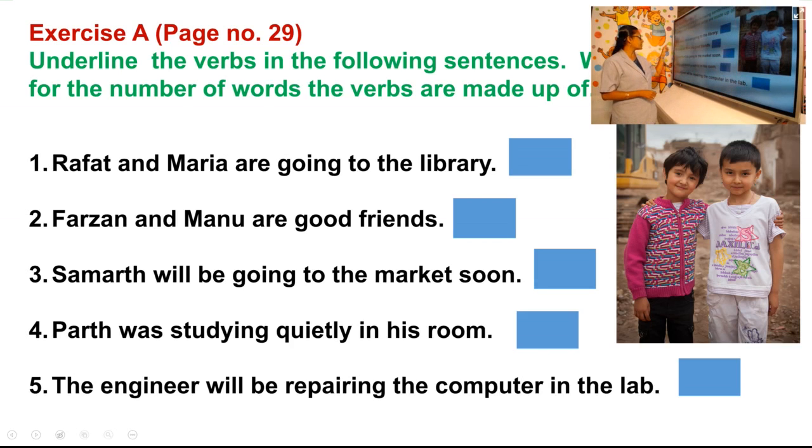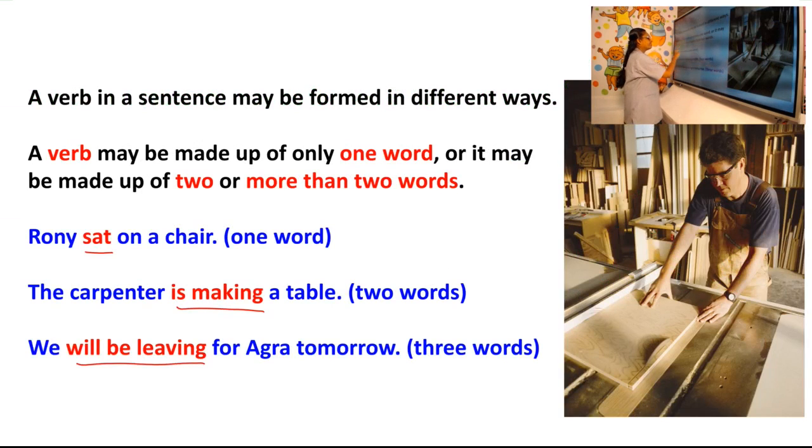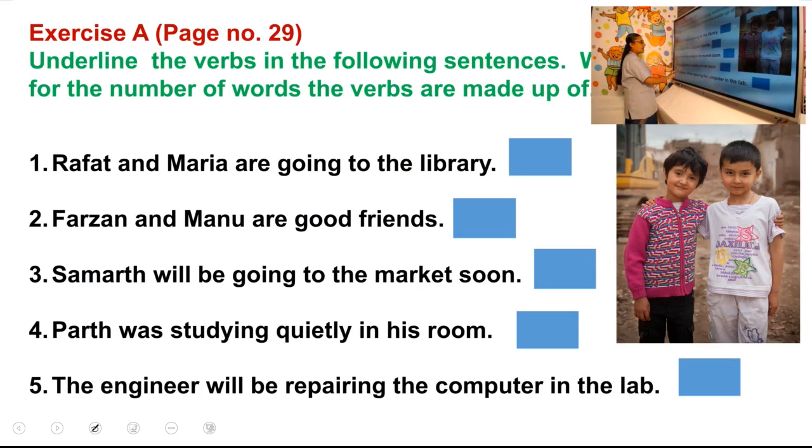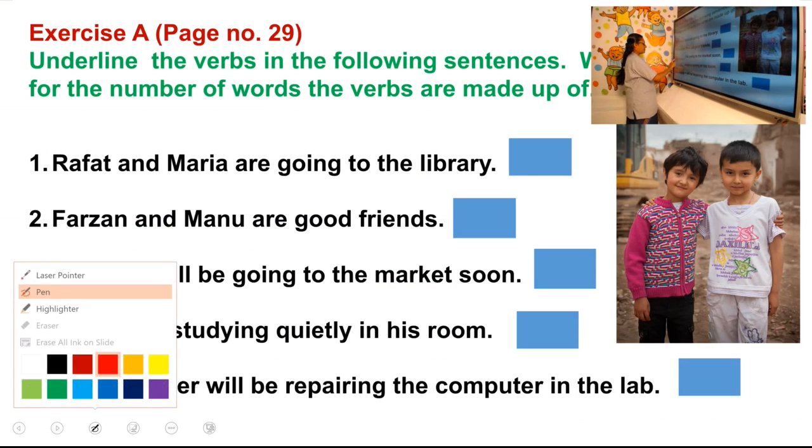So let's start. See the first question. Rafael and Maria are going to the library. So here, can you find out the verb? Rafael and Maria are going to the library. Have you got it? Yes. Which is the verb here? Are going.